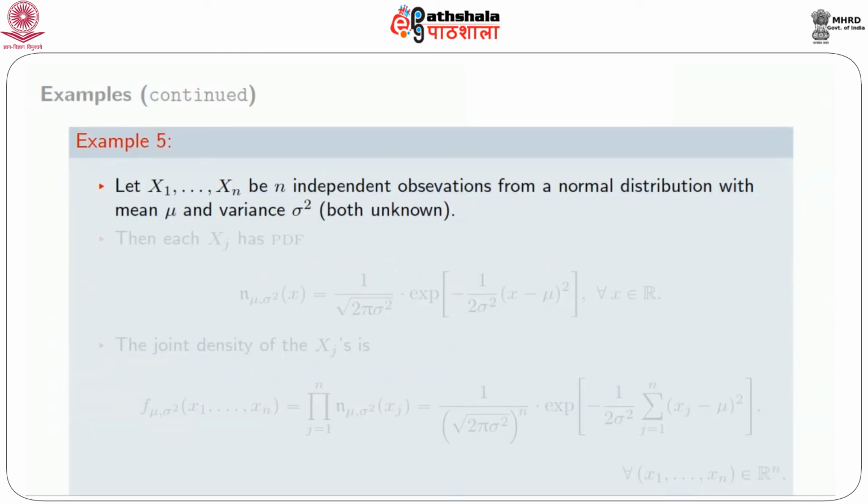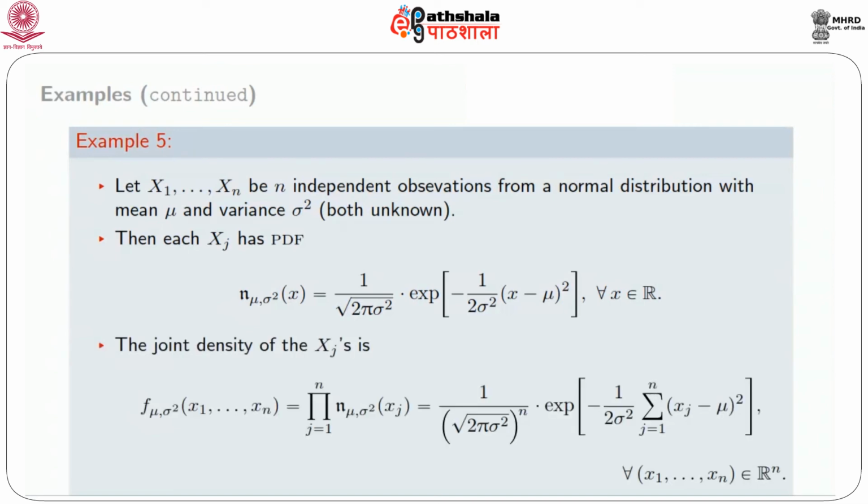We consider our next example. Let x1, x2, ..., xn be n independent observations from a normal distribution with mean mu and variance sigma square. Here both mean and variance are unknown. Then each xj has PDF n(mu, sigma square; x) equals 1 by root 2 pi sigma square into e to the power minus 1 by 2 sigma square (x minus mu) whole square, where x belongs to R, the real line.